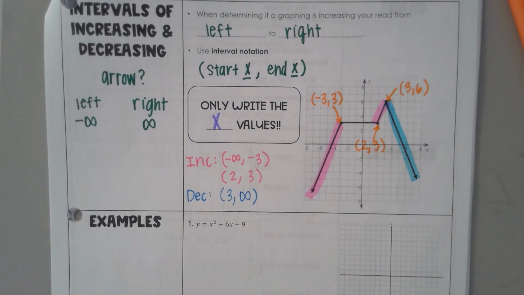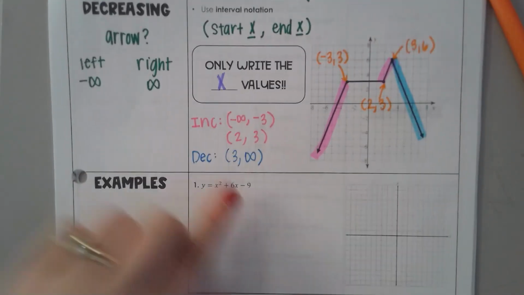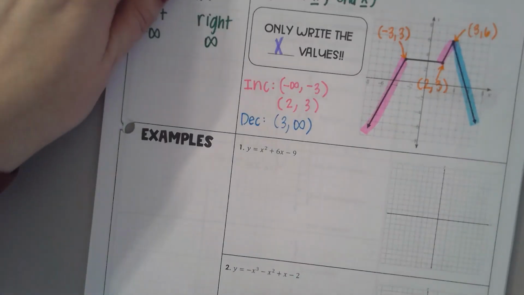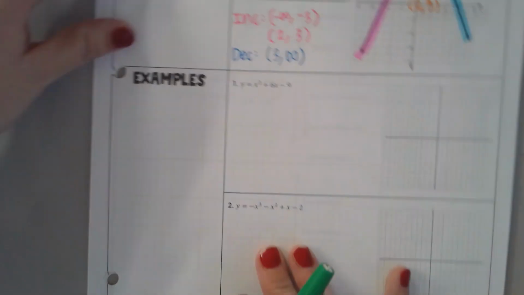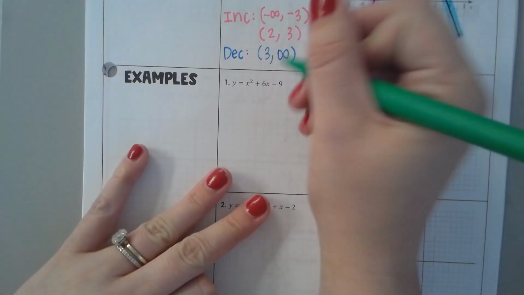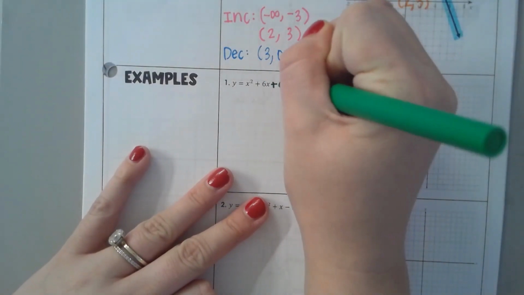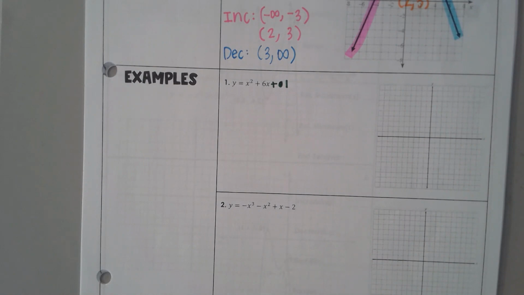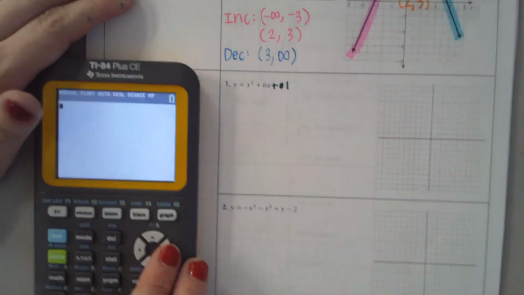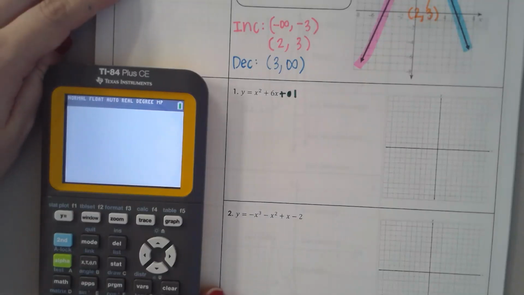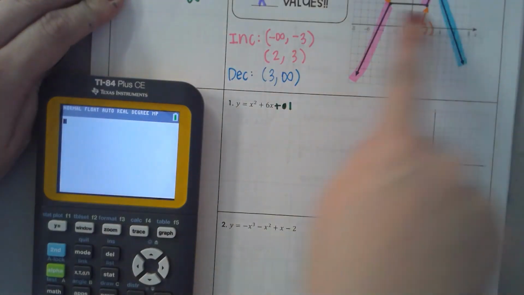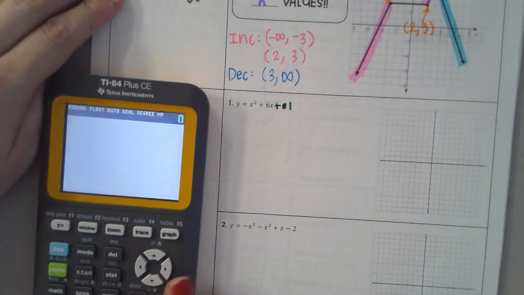So let's do some examples with polynomials. I do want you to change this, instead of a -9, to a +1. So you'll need your calculator. Whenever we graph, we always have to find the max and min values, because those are the points that we use in these intervals.